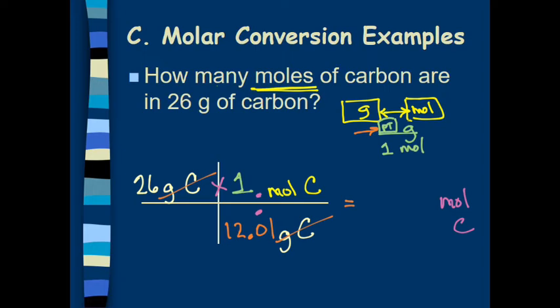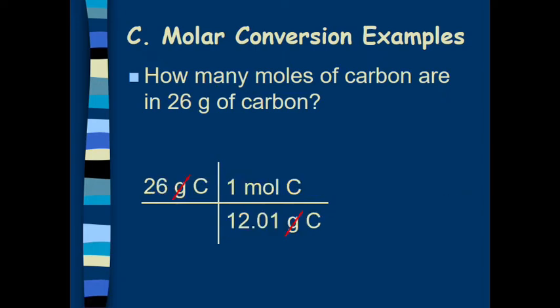Now we also have to think about significant figures and rounding rules. Since this is all multiply and divide, we are going with the fewest given or total significant figures in a number. Remember, the 1 is considered an exact number because 1 mole is a counting number that we've got.